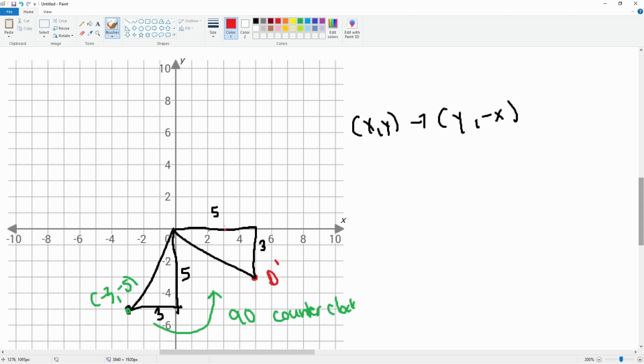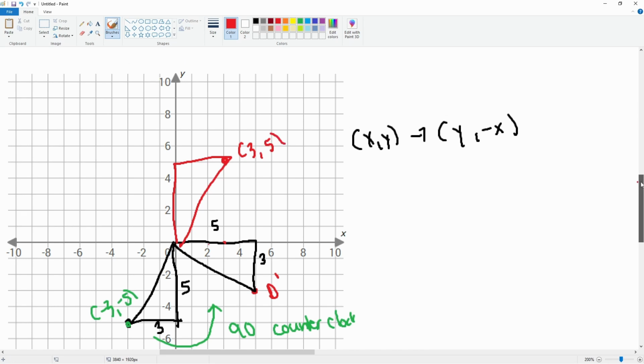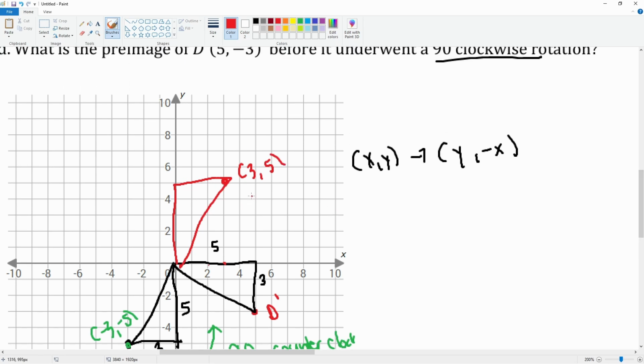Let me see. Let me fix that. 3, 5. Wait, hold on. This would look better. 3, 5. This would be correct. So it would actually be 3 comma 5 right there, right? Because this would be the 90 degrees clockwise. So this would be the correct answer.